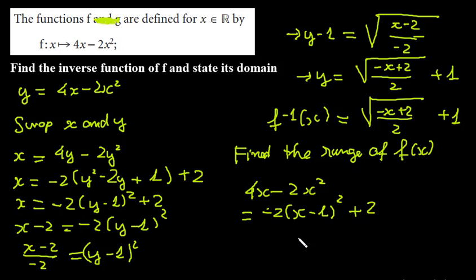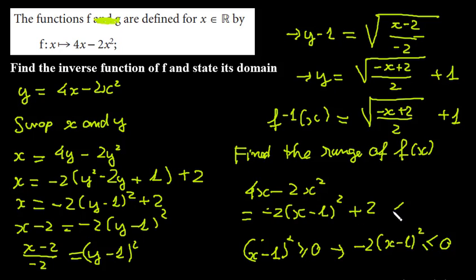You know that for all values of x, (x minus 1) squared is greater than or equal to 0. So minus 2 multiplied by (x minus 1) squared will be smaller than or equal to 0. So this will be smaller than or equal to 0 plus 2, which is 2. From here, we see that the range of f will be smaller than or equal to 2. So y will be smaller than or equal to 2.